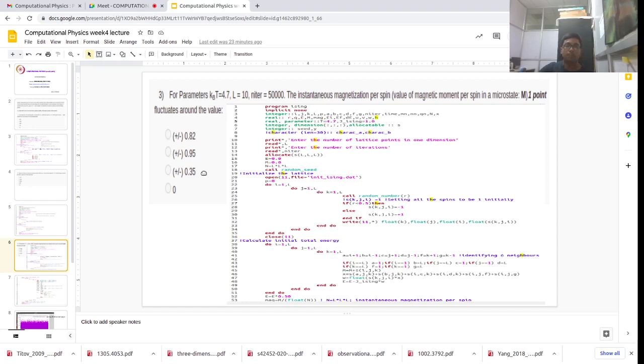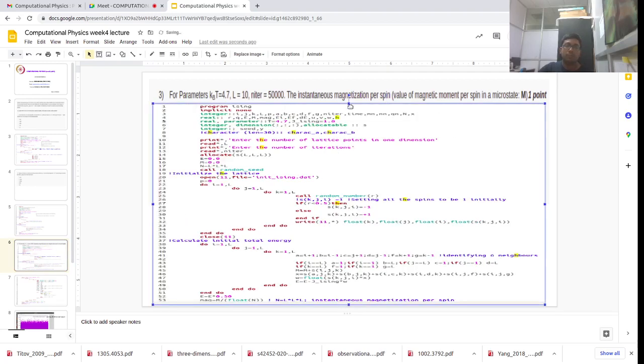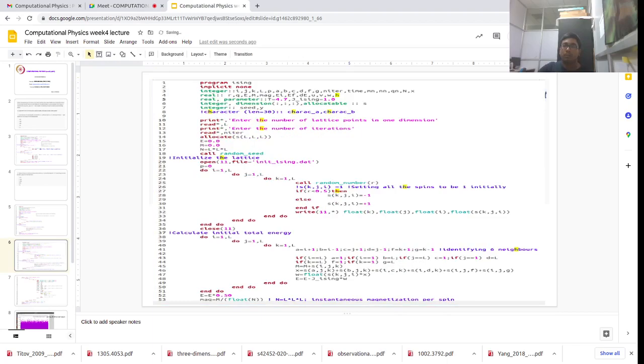Okay, so here you have to take a random number to initialize the spins in the lattice. Okay, so here I am just going to increase this, as that will be better for all of you.